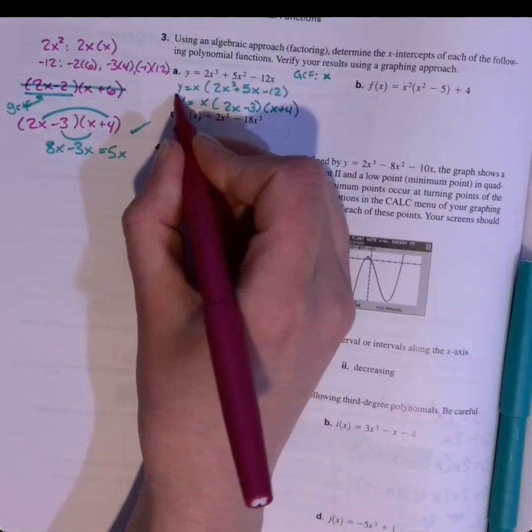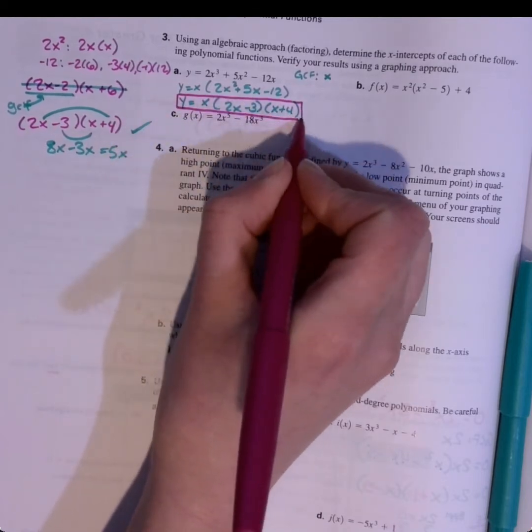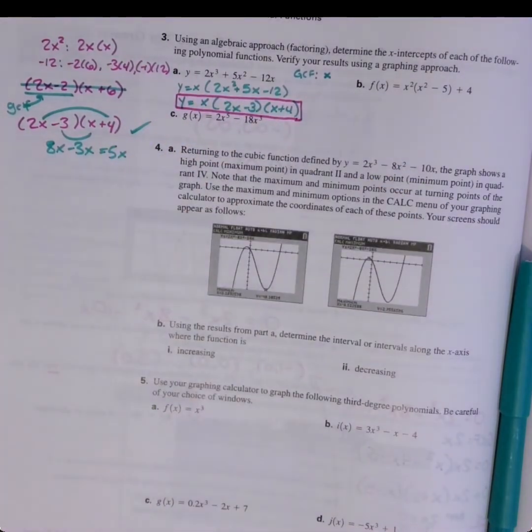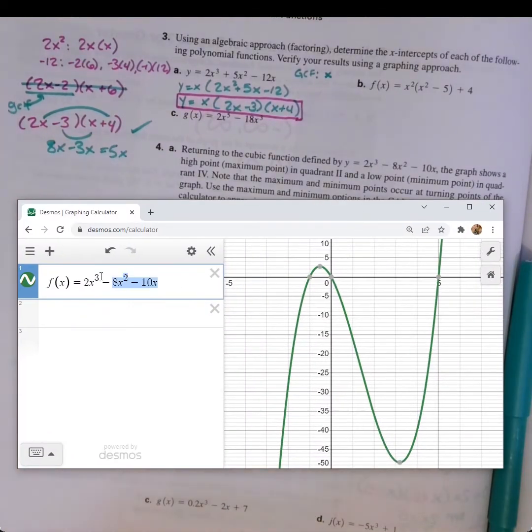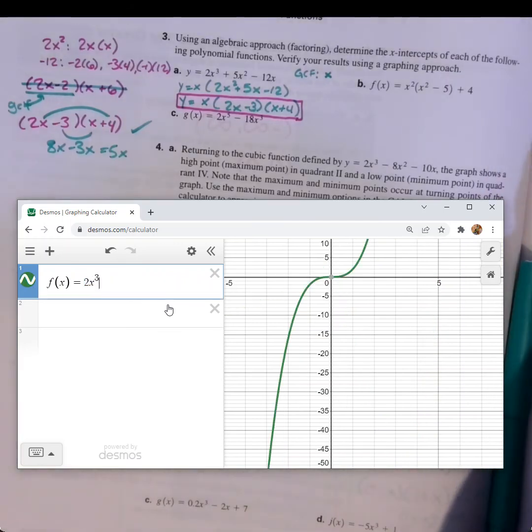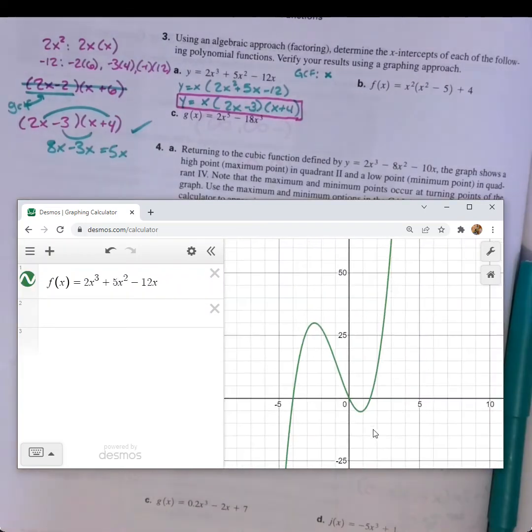And that is factored. They didn't ask me to solve or find the x-intercepts. They just said to rewrite it in factored form. Now they want us to verify our results graphically. So to verify my results graphically, I can graph the original 2x cubed plus 5x squared minus 12x. I'll rescale that a little bit.